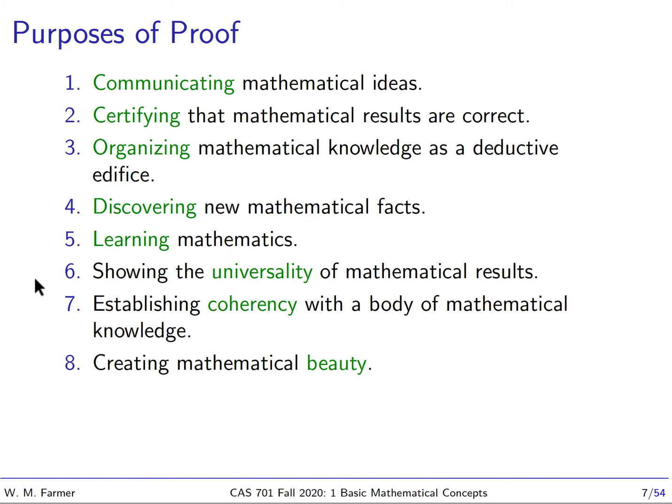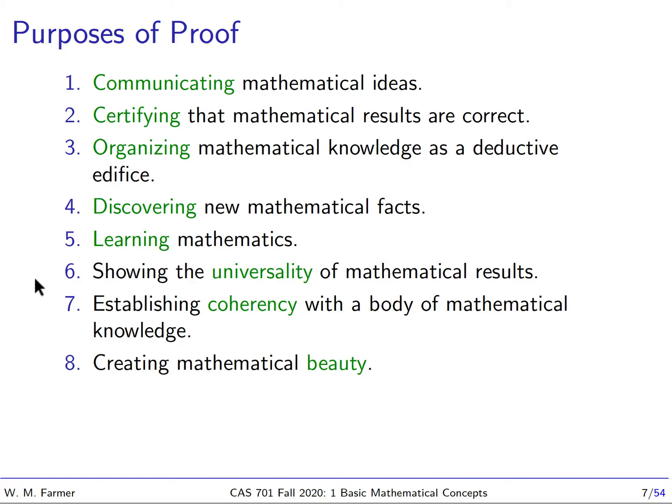But proof is also used for organizing mathematical knowledge. We do this by building up a deductive edifice where we start off with some assumptions, and then using proof we derive a whole bunch of things that follow from these assumptions, and then we derive things that follow from the things that follow from the assumptions. So proof is useful for organizing mathematical knowledge. Proof is also very useful for discovering new mathematical facts.